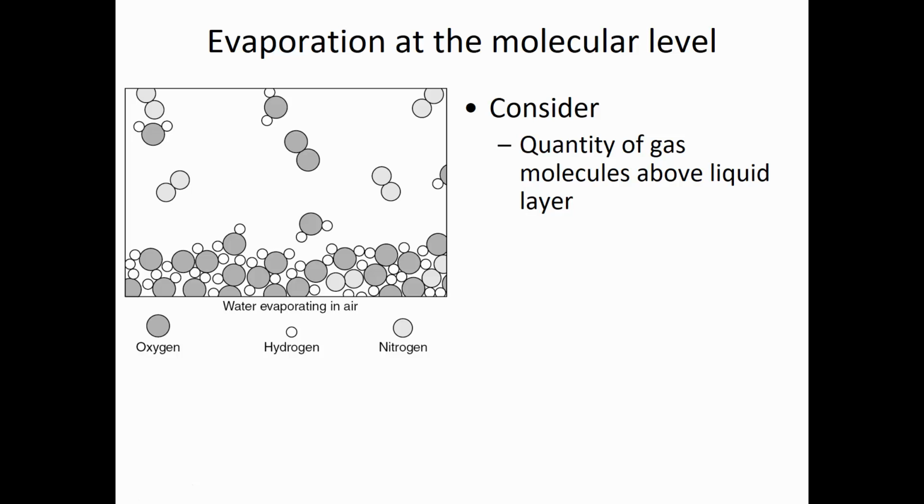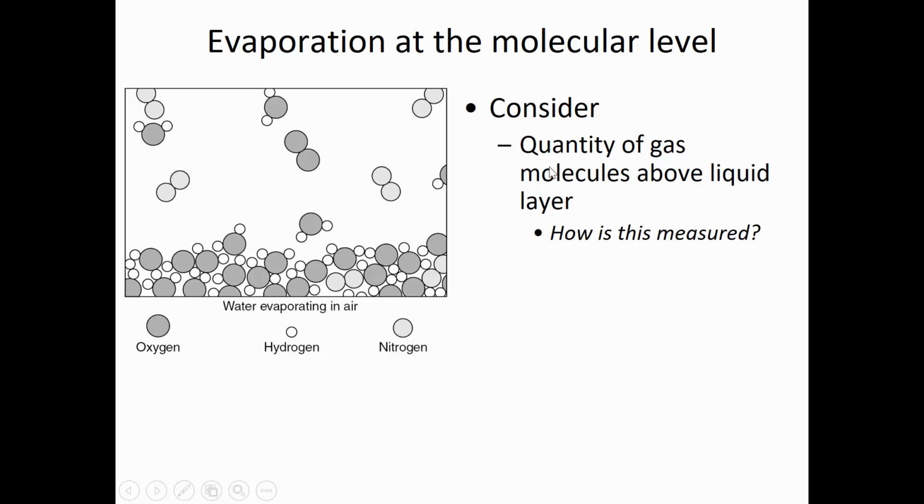And so part of what's preventing all of these molecules from just escaping into the atmosphere is that the nitrogen pressure pushing down means that there has to be enough kinetic energy to escape and get into that vapor.